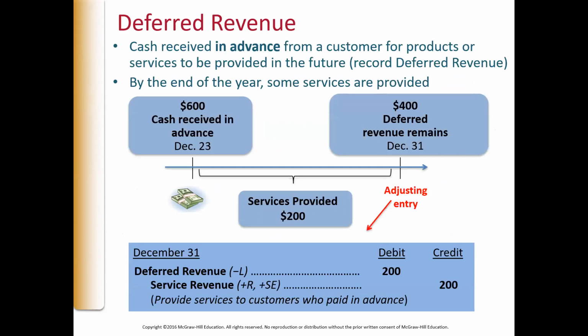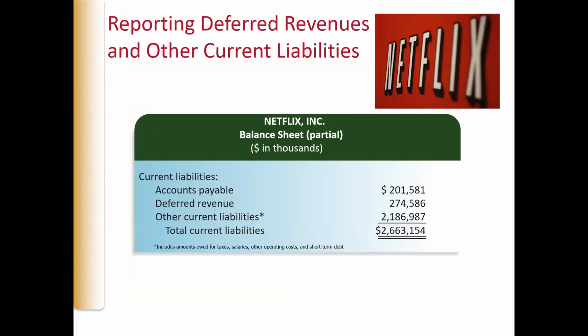So do you see here, if $200 of those services are provided, do you see how we will debit our deferred revenue and we will credit our service revenue? So we debit our deferred revenue for 200 and we credit our service revenue for 200. Now, there are other liabilities we may need to adjust.